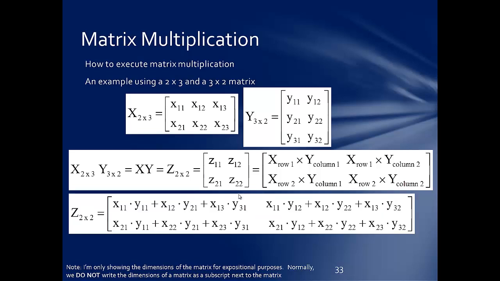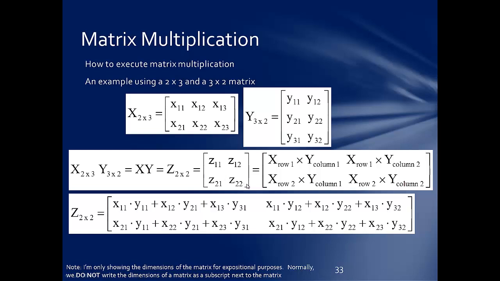What that means is this. In order to get element 1,1, we take row 1 from X and multiply it by column 1 in Y. So you would take X11 times Y11 plus X12 times Y21 plus X13 times Y31. So you would add up those products, and that would give you element 1,1.